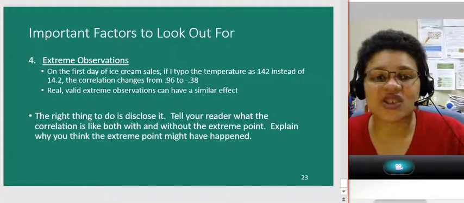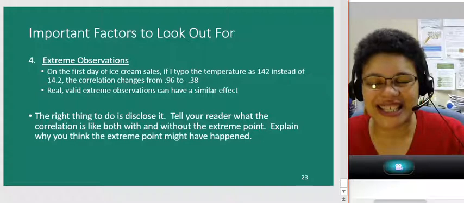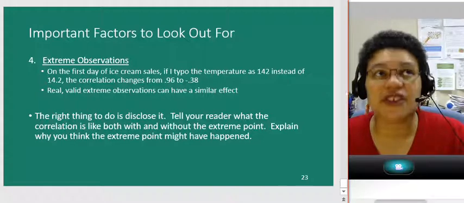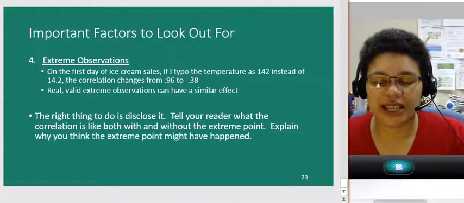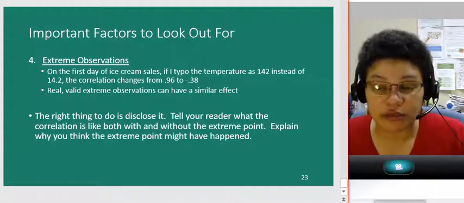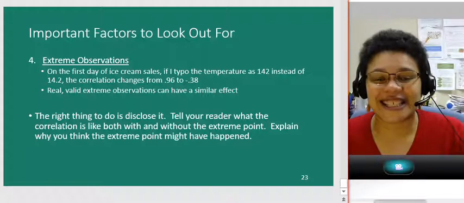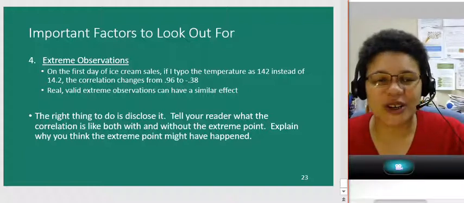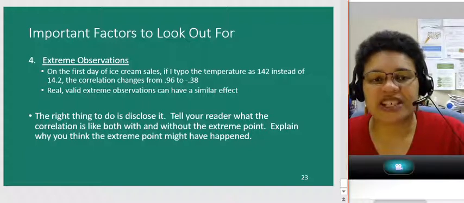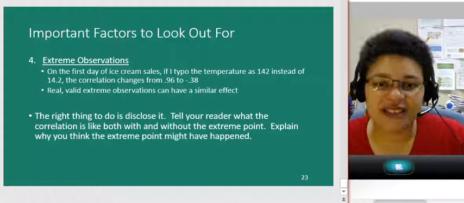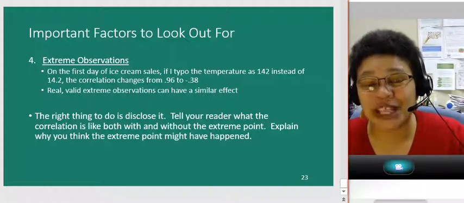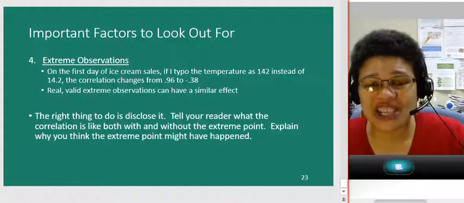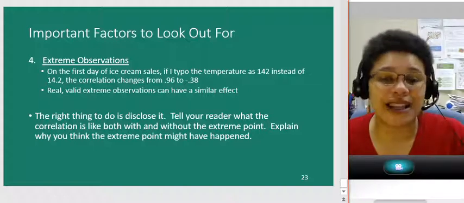And finally, extreme observations. This is probably the most common problem other than the nonlinearity problem, but we're going to deal with the nonlinearity by always graphing, always doing those scatter plots to make sure we have a linear relationship. Extreme observations: if on the first day of ice cream sales, I typoed the temperature as 142 instead of 14.2, the correlation changes from 0.96 to minus 0.38.